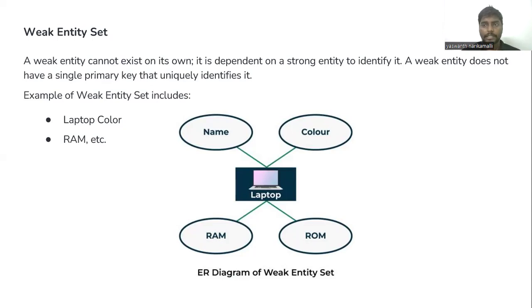If employees do not exist, students do not exist, teachers do not exist, then who will use the laptop? No one, right? So laptop is dependent on a primary entity like persons, employees, students, working professionals. So laptop has attributes like name, color, RAM, ROM.